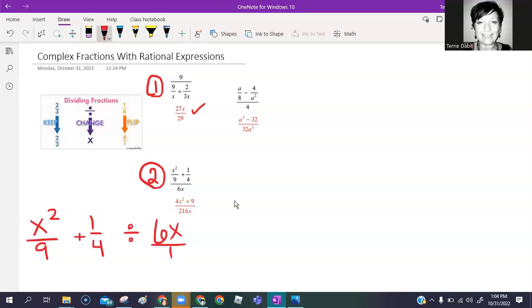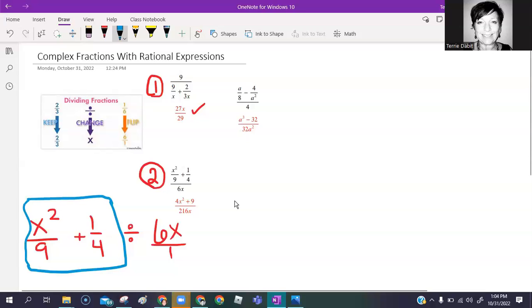Let's just go ahead and make it into a fraction. And then look at each part. Is there something I need to simplify before I do the rest of the problem? Yes. This over here is not a single fraction. So we're going to first have to add those two fractions together. Let's see what we get as our single fraction.